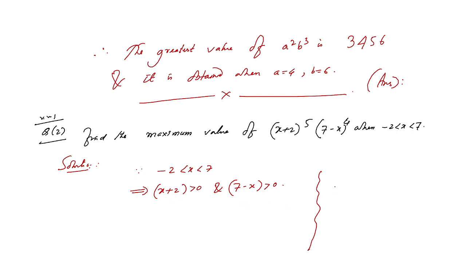So x plus 2 greater than 0, but as you see the power is basically 5. So what will be our x plus 2? Another number is 7 minus x. The power is 5, so we will divide by 5 and by 4. And here the weight is 5 and here the weight is basically 4. That we will consider. So that will be your P1, that will be your P2, this will be your A1 and that will be your A2.